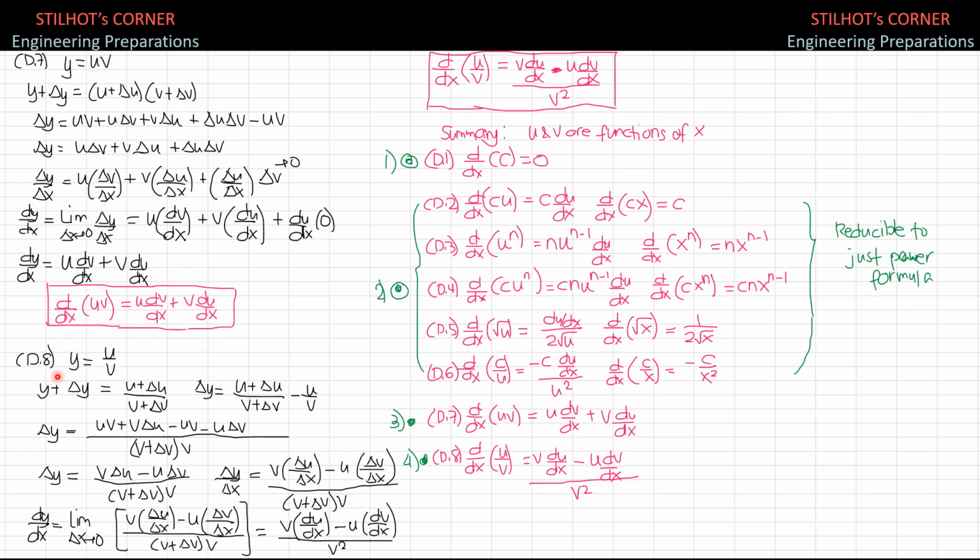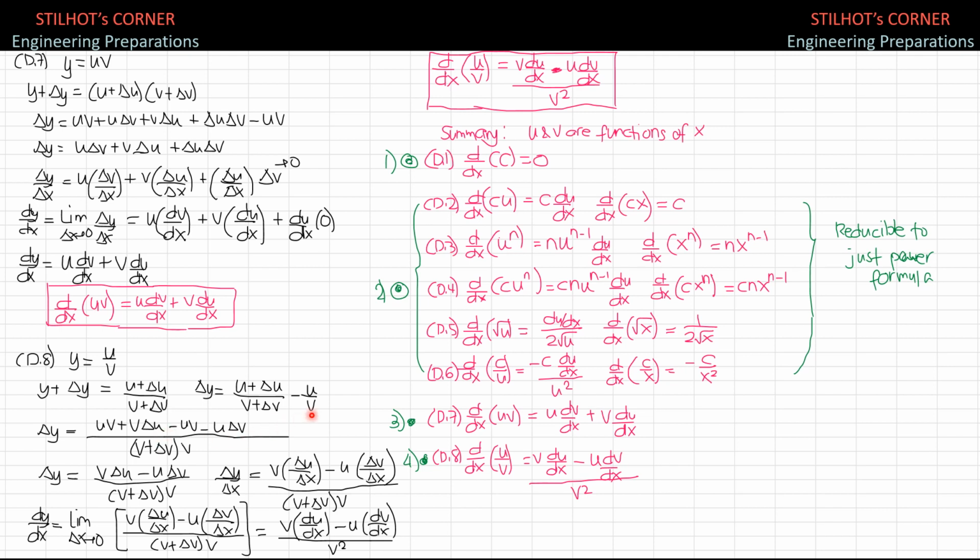Then finally, D.8: y equals u over v. y plus delta y equals (u plus delta u) over (v plus delta v). So delta y equals (u plus delta u) over (v plus delta v) minus y, which is u over v. The LCD is (v plus delta v) times v. Then LCD divided by the denominator of the first is v, and v times the numerator is uv plus v delta u.